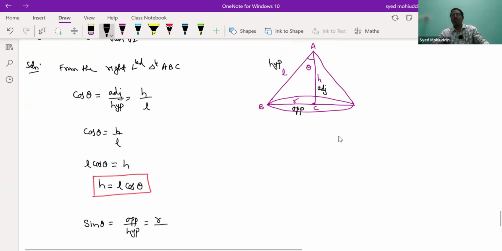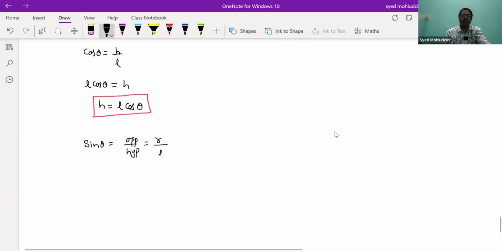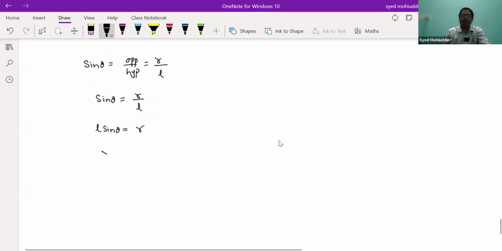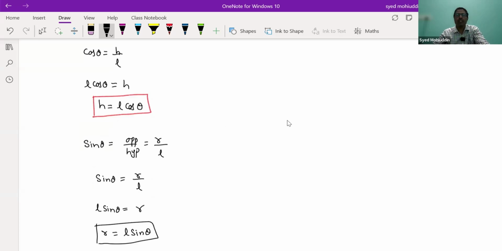Hypotenuse is again the slant height L. Therefore, we have got sine theta equals r by L, or cross multiply, it becomes L sine theta equals r. Therefore, we have got the value of r to be L sine theta. So both the height as well as the radius has been obtained in terms of the slant height, right?